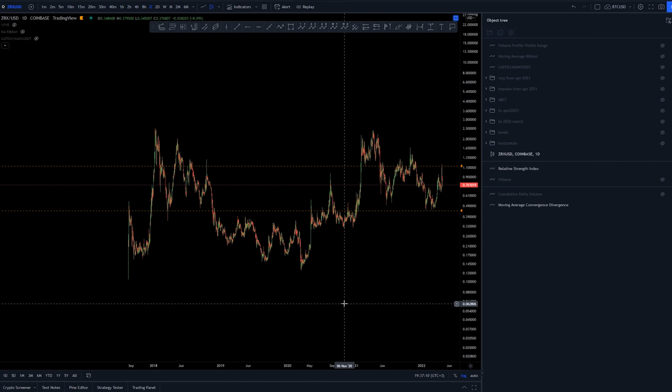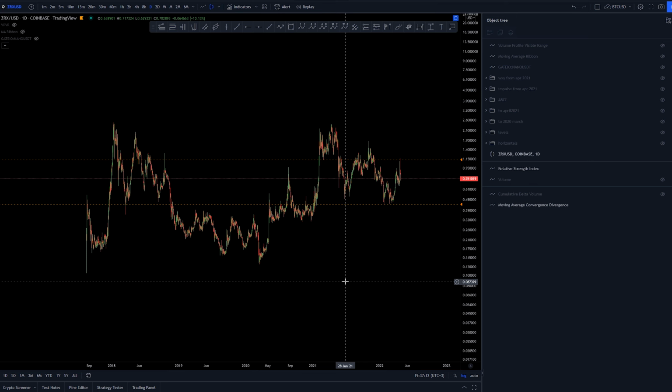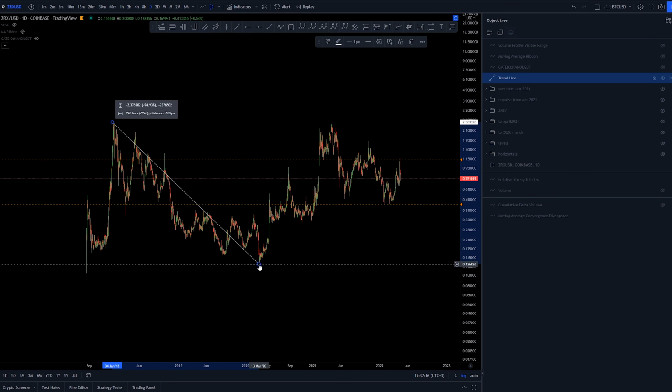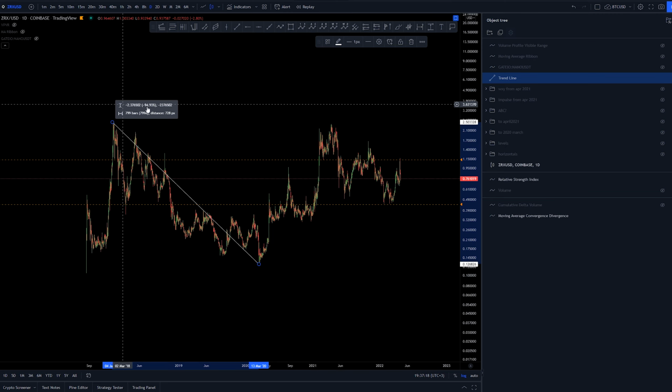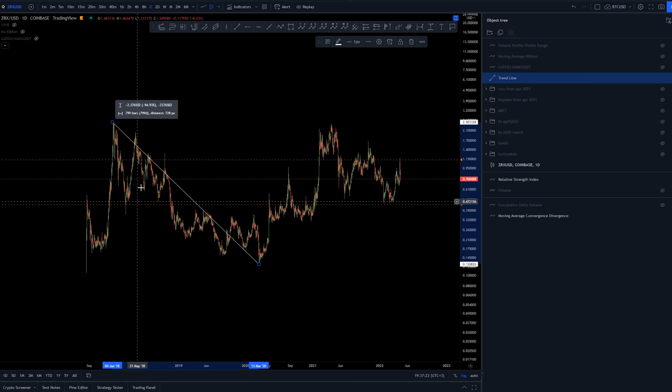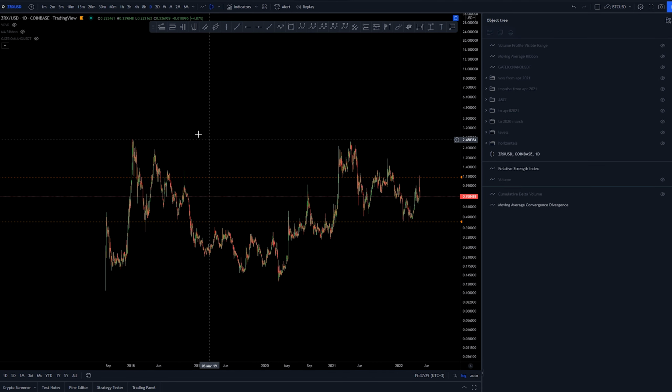As we don't have really good structure here, let's start with looking at the correction. 95% this move here, it lasted quite a long time, 799 days, or around 800 days. So a major correction down here.